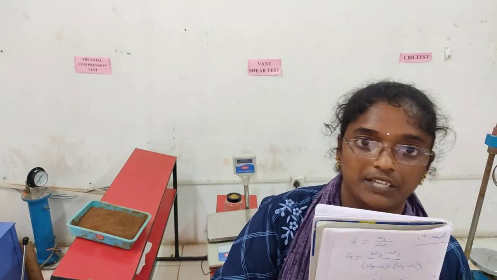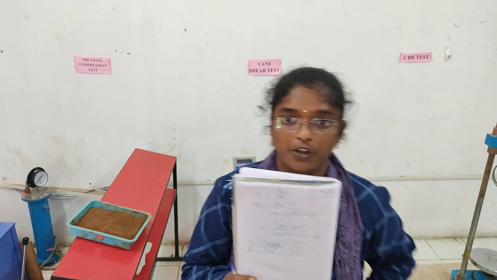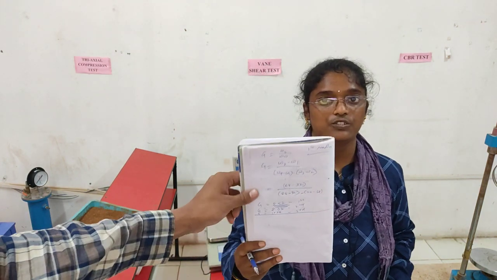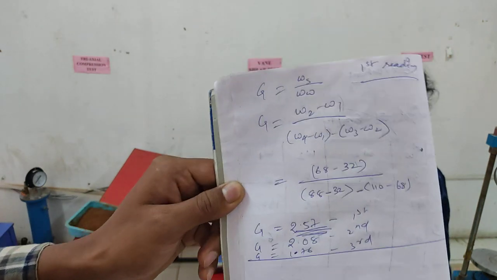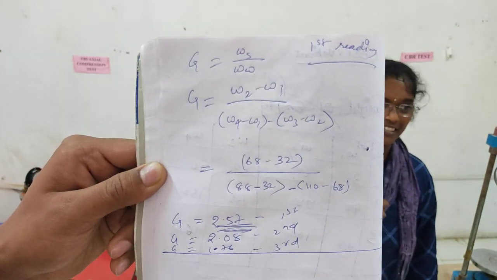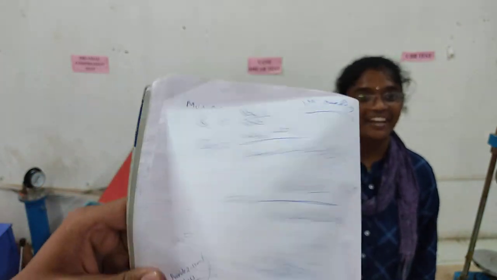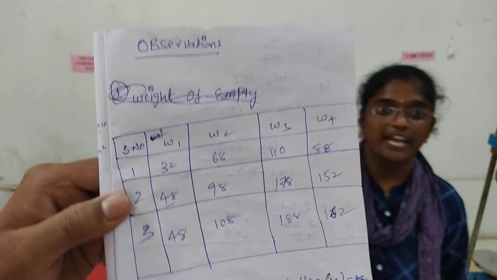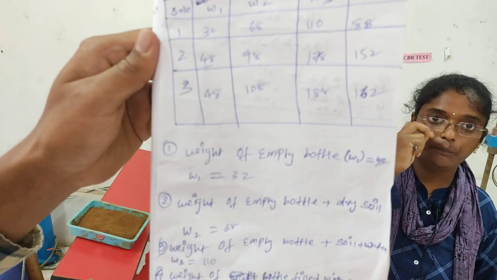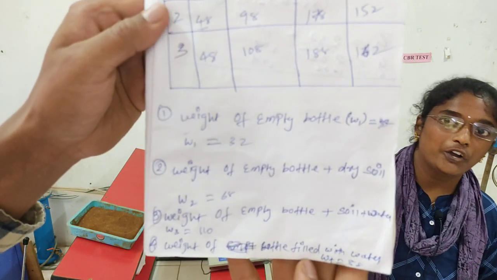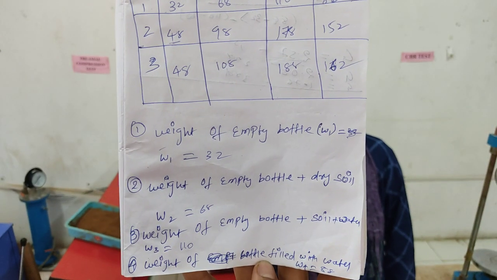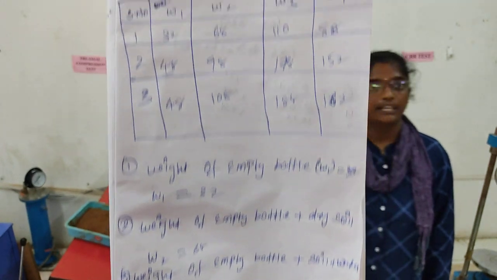The specific gravity value should be between 2.5 to 2.7 only, as I have already told you for the saturated soil. By taking the average between the 3 repetitions, we are getting 2.06. So whatever experiment we did, whatever soil we have taken, that is correct.